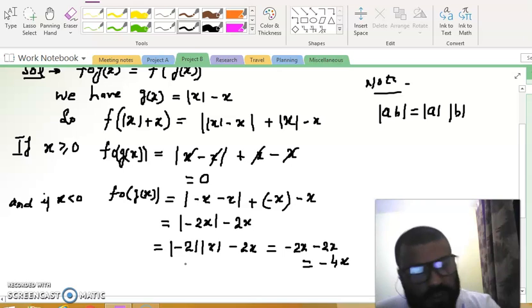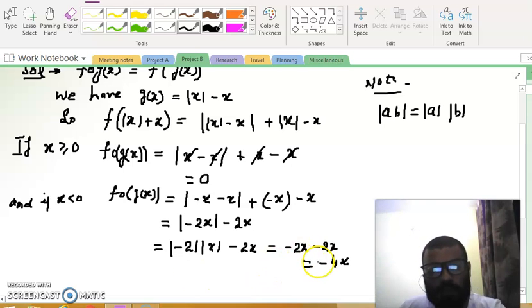So f of g when x is less than 0 comes out to be negative 4x. This step generally confuses many students, how this minus 4x is coming, because most students get the answer as 0, like they got over here. But that solution is not correct. They have to solve like this only.